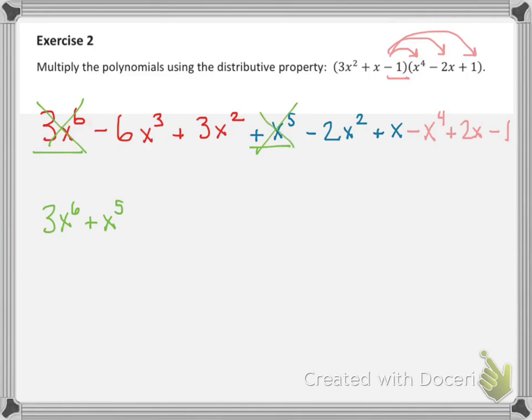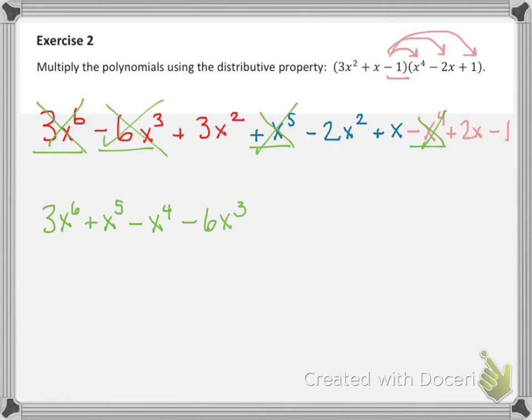That one's done. Next would be our x to the fourth, which is a negative x to the fourth. I don't see any other x to the fourth, so that's negative x to the fourth. That one's done. Next would be our x to the thirds. That is a negative 6x to the third, and that's the only one I see, so negative 6x to the third.